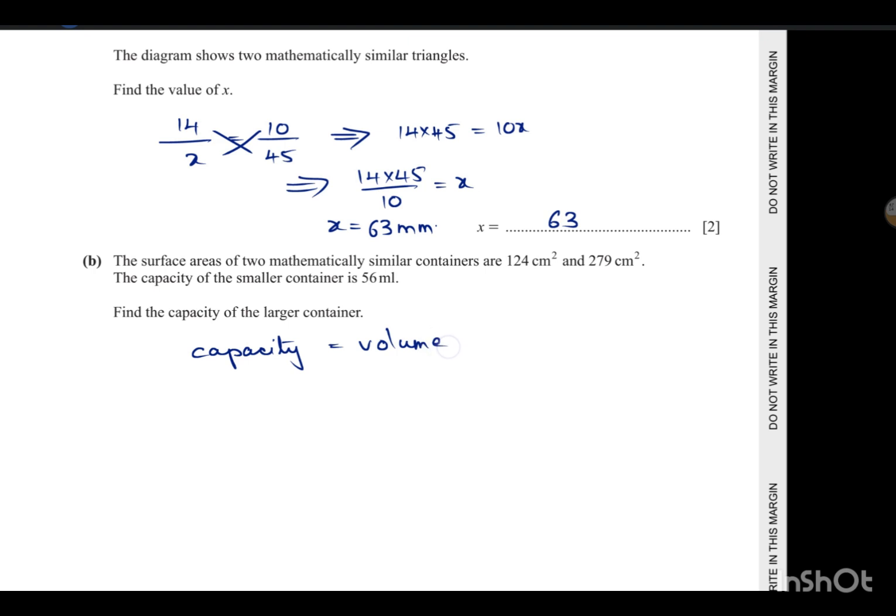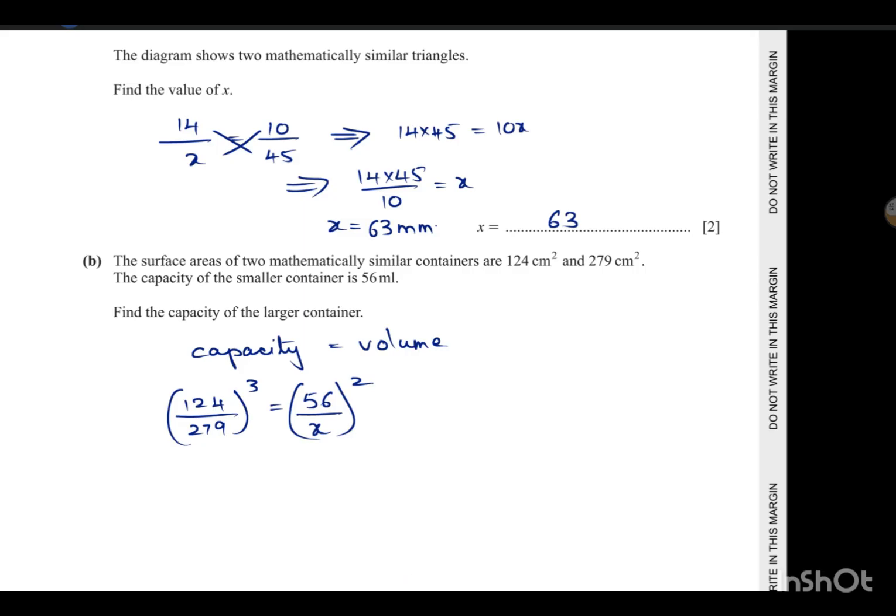And what is the relationship between the two mathematically similar solid shapes, like if their area and volume is given? So you can take their surface area ratios and cube them. That will be equal to the ratio of the volumes, and assume the other volume as x, squared. The ratio of their surface areas cubed will be equal to the ratio of their volumes squared.